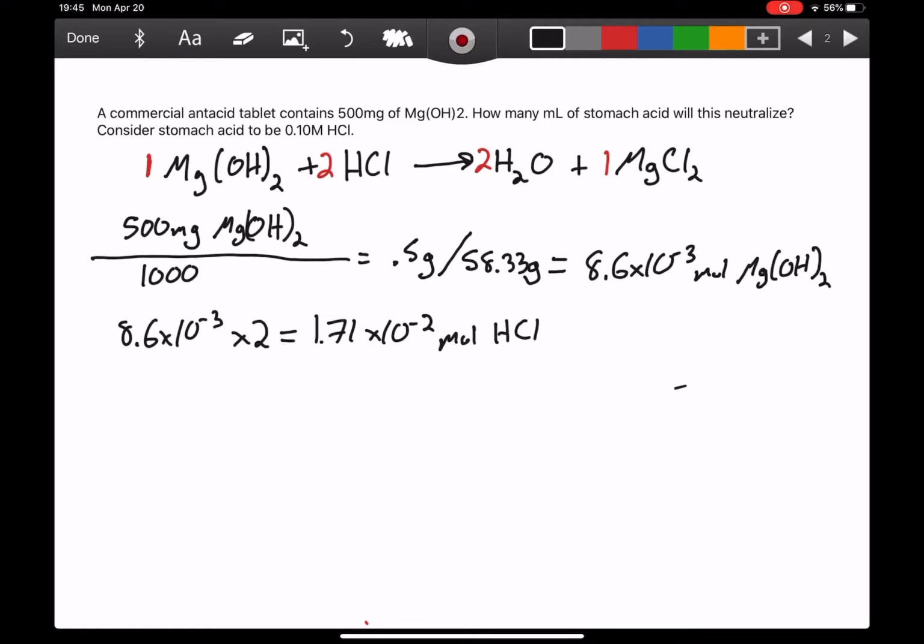Now, knowing what we know about molarity, we know that molarity is equal to the number of moles over the volume in liters. So we're given the molarity of HCl here, which is the number of moles in a liter of substance.